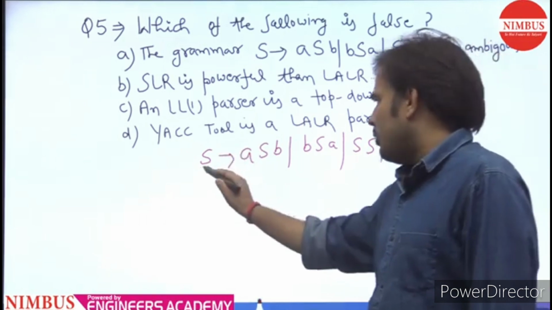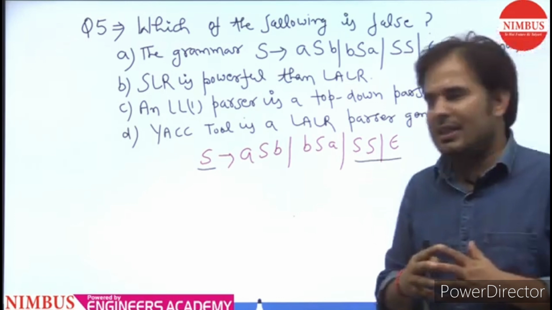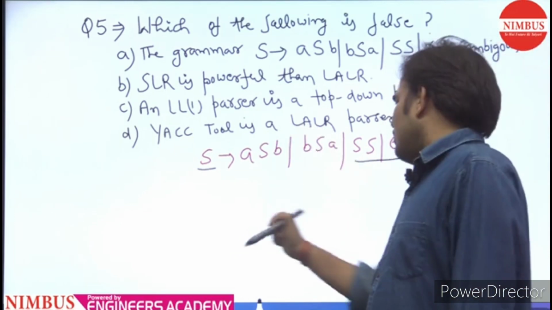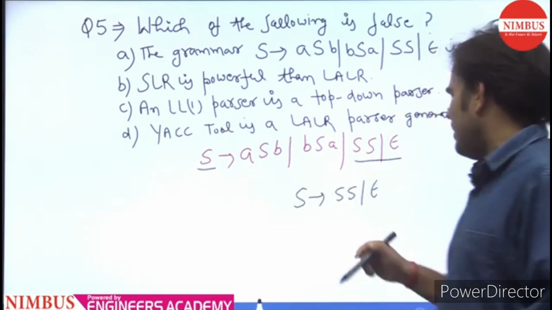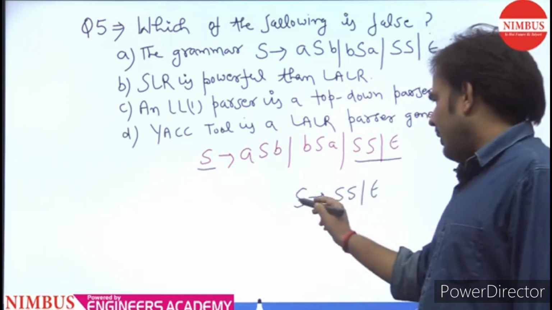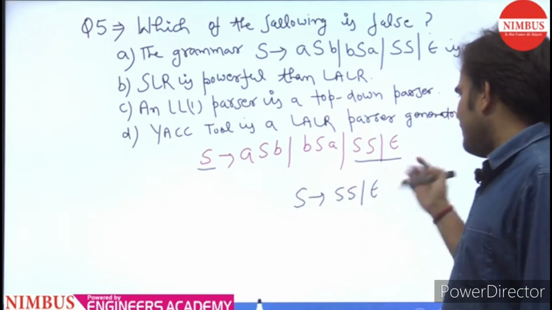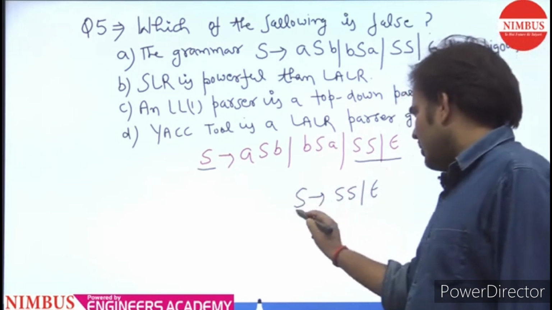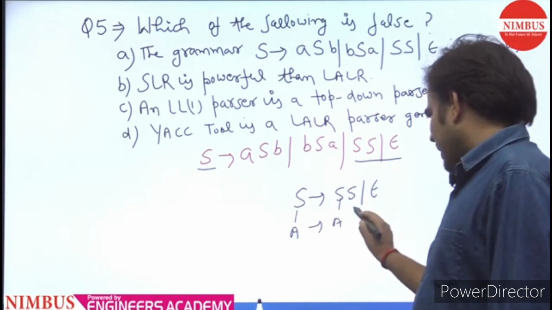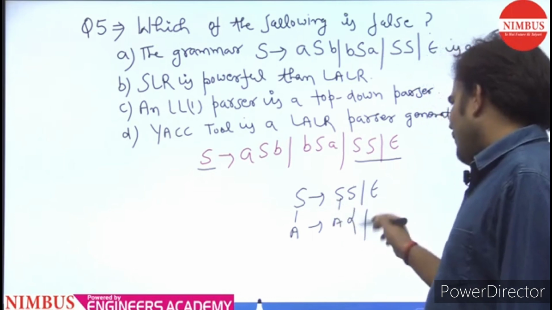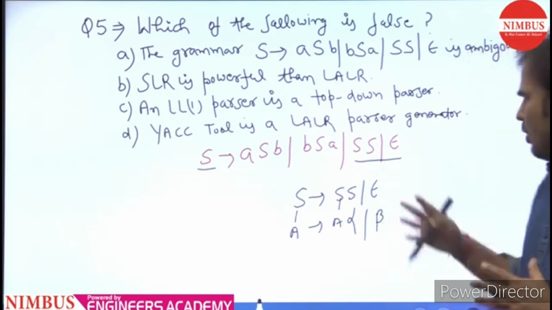So you can check from this production, S tends to SS slash epsilon. So here A tends to A alpha slash beta. This is A tends to A alpha, this is A, and this can be alpha, and beta here is epsilon.